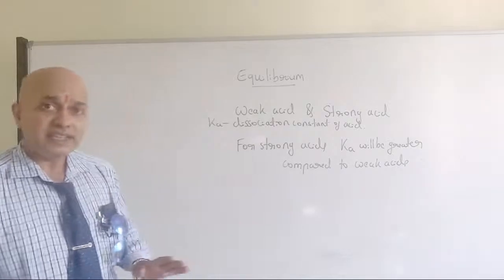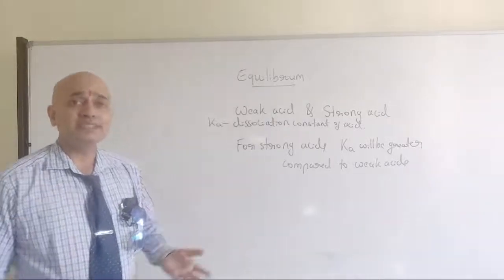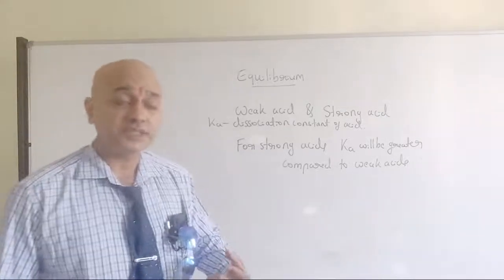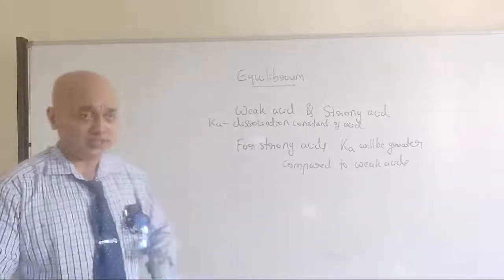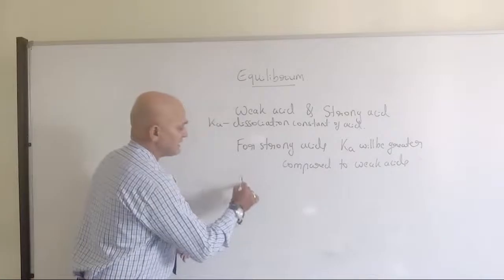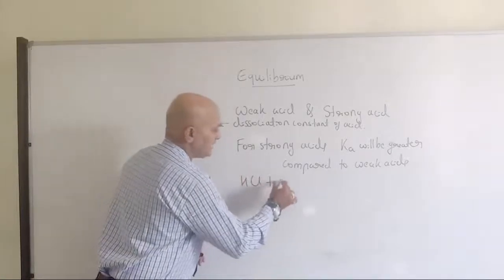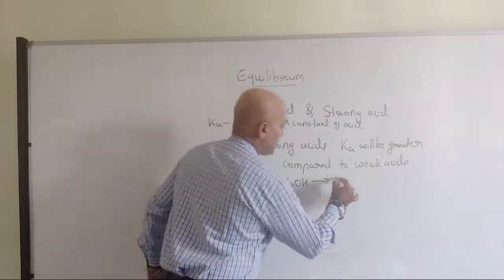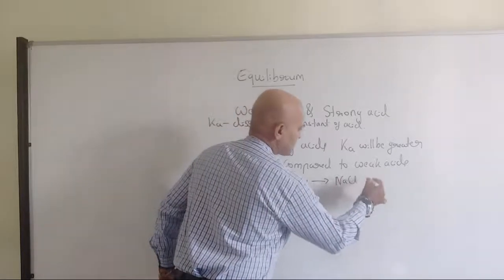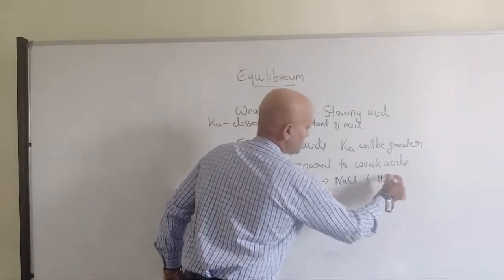Now, in some cases we have polybasic acids. What I mean is where one acid can neutralize more than one base. For example, if I treat HCl with sodium hydroxide, I get NaCl, a salt, plus water.